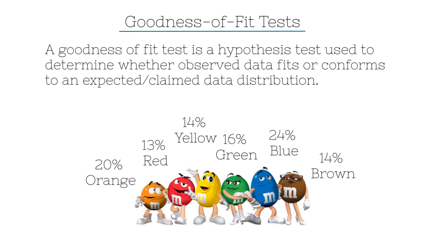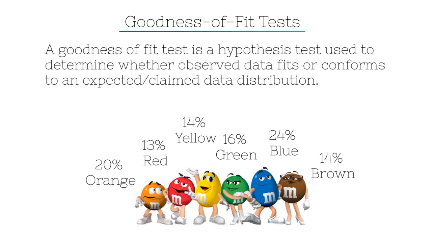So when we do this hypothesis test, we want to see if these observed numbers, so the number of each color that we count in our sample, is close enough or matches enough or fits to or conforms to the percentages given by the company. So in this test, we are comparing our observed data values to our expected data values, or another way of saying it would be to compare our observed percentages to our expected percentages.